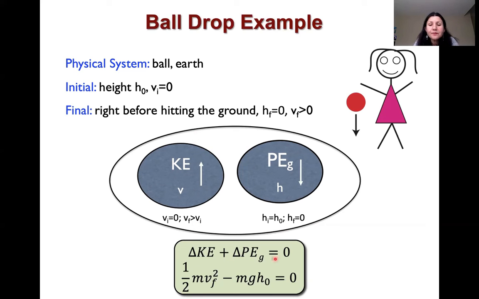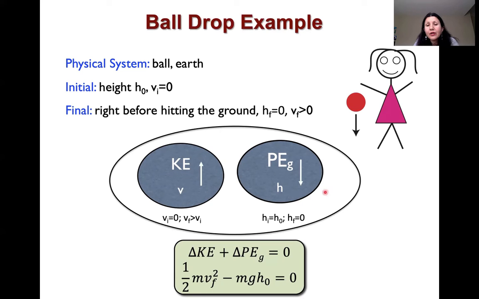How does that look? Because it's a closed system, the right-hand side of the equation is 0. We have two energies changing: kinetic energy and gravitational potential energy. If we take it a step further, since our initial is 0, this just ends up being 1/2 m v final squared. This is the positive value.